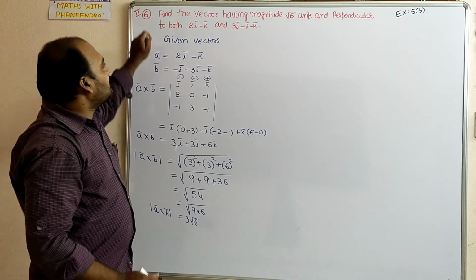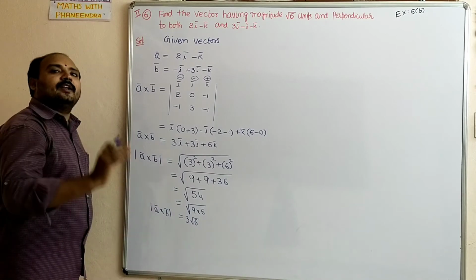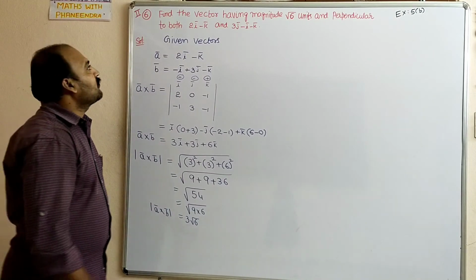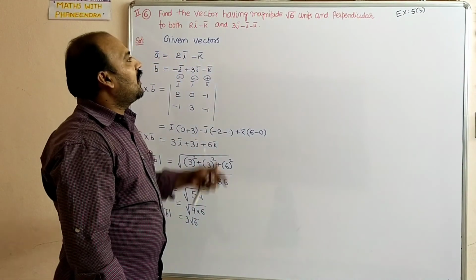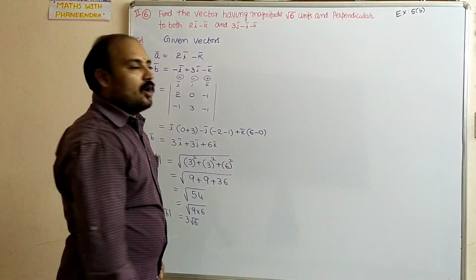Next they are asking, till here you will get 3 marks: find the vectors having magnitude root 6 and perpendicular to a bar and b bar.